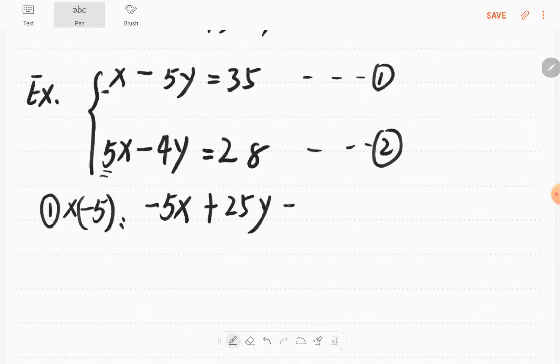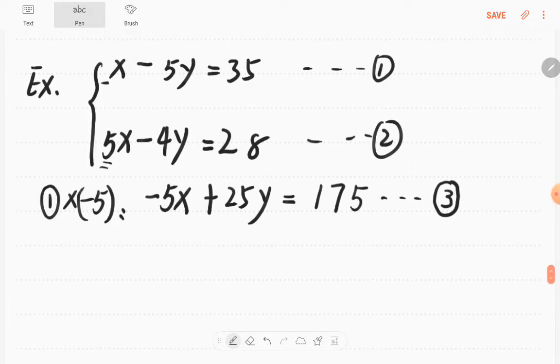25y equals 35 times 5 equals 175, right? This new equation is called equation 3. We multiplied this number on both sides, so it will not change anything.